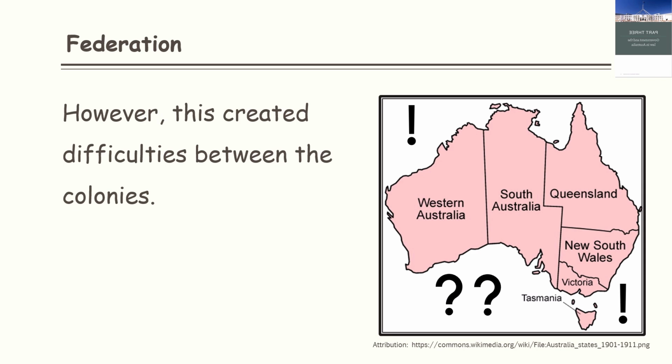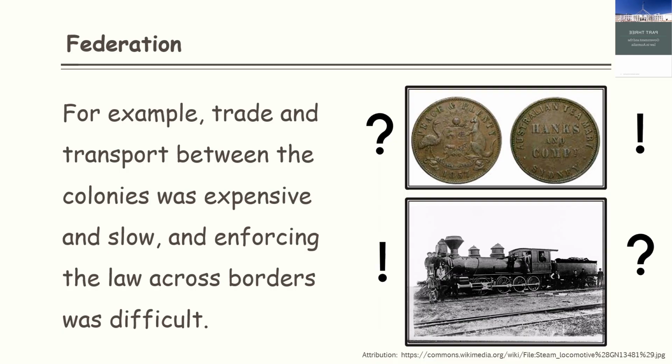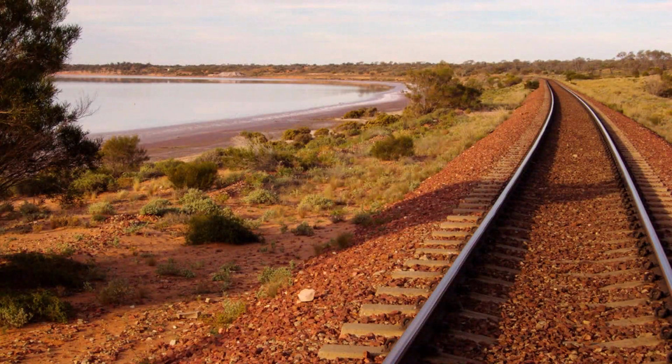However, this created difficulties between the colonies. For example, trade and transport between the colonies was expensive and slow, and enforcing the law across borders was difficult. At the time, New South Wales, Queensland, and Victoria's railways used different gauges or track widths.